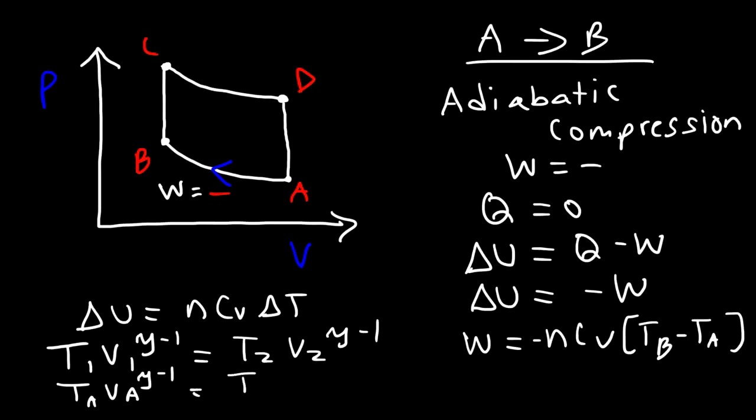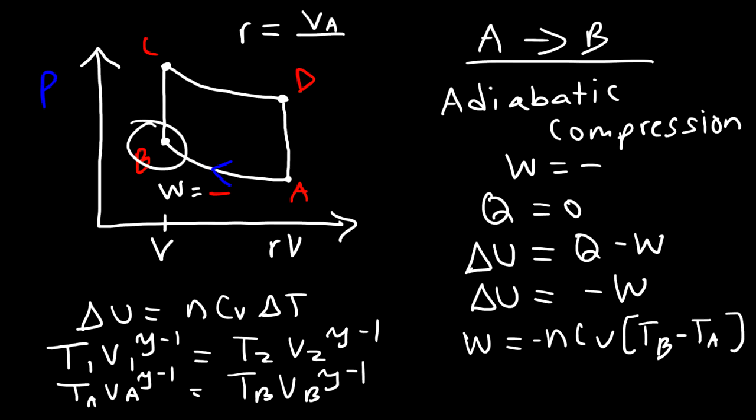So T2 is going to be the temperature at B, V2 is the volume at B. Now the volume here, let's call it V. So if the volume at B is V, the volume at A is RV. So the compression ratio is the ratio between the large volume, which is the volume at A, divided by the small volume, which is the volume at B. So now you can see how the compression ratio is related to the Otto cycle in this PV diagram.